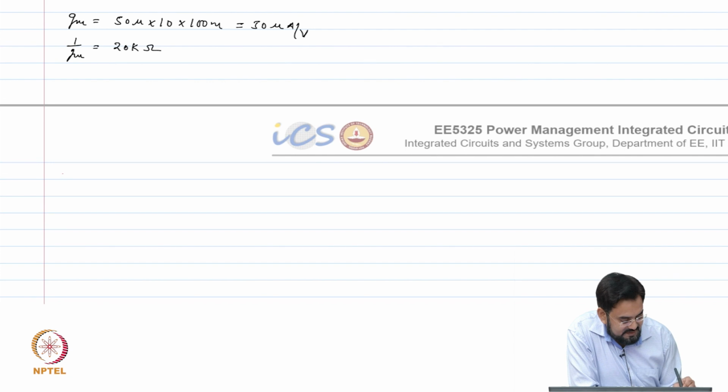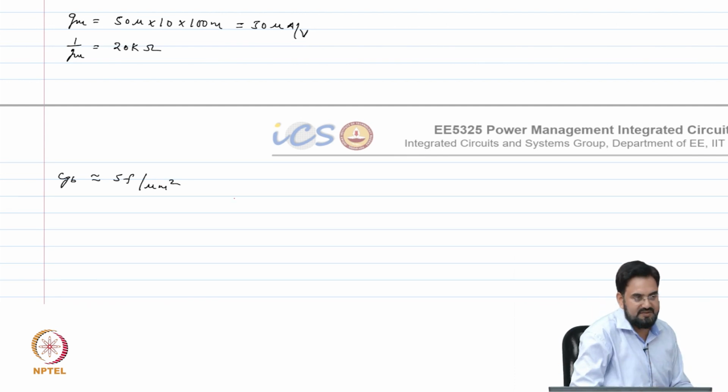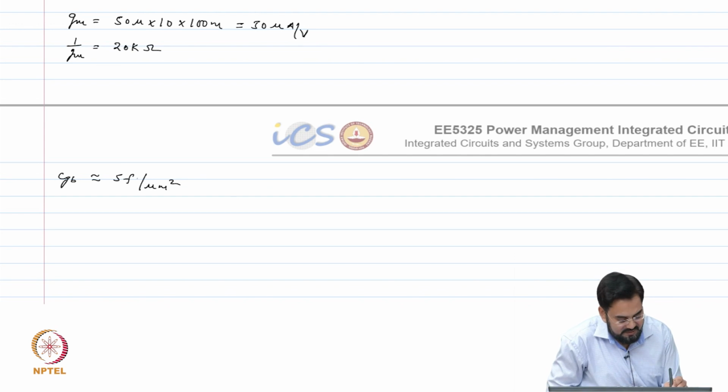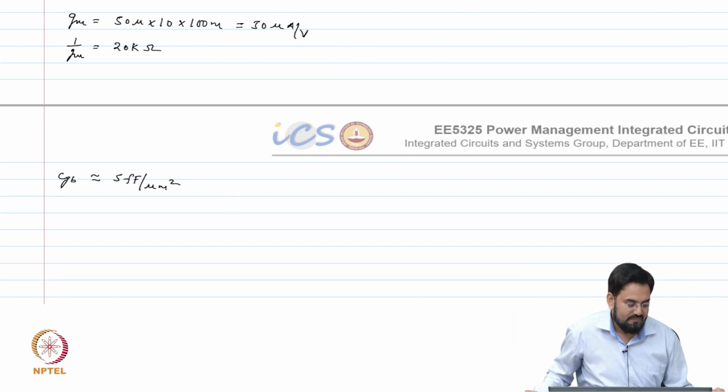so CG, C gate or C gate to bulk is roughly 5 femto per micrometer square. It's not a very accurate number, but when you start your simulation you can find it. I think it's 6.5 or so, but I am just putting a rounded off number, 5 femto.